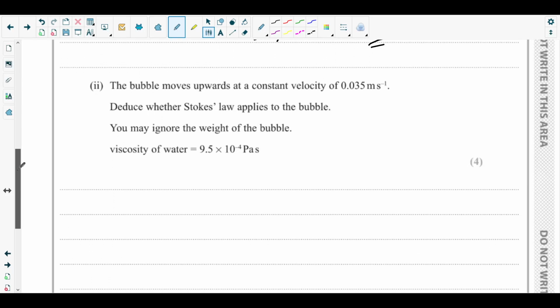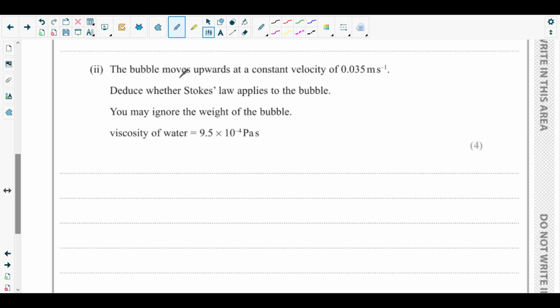Next is part B2. The question says the bubble moves upwards at a constant velocity of 0.035 meter per second. Deduce whether Stokes law applies to the bubble. You may ignore the weight of the bubble. The viscosity of water is 9.5 times 10 to the minus 4 Pascal second, that's the unit for viscosity.